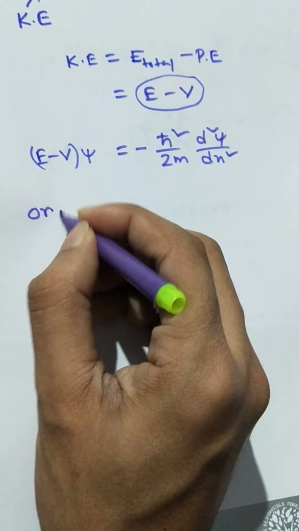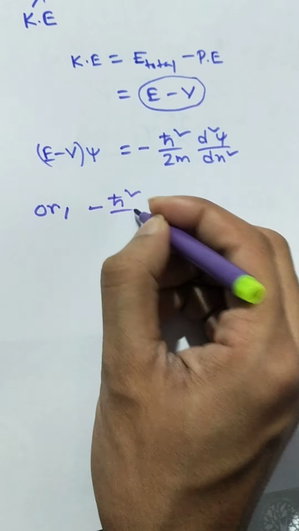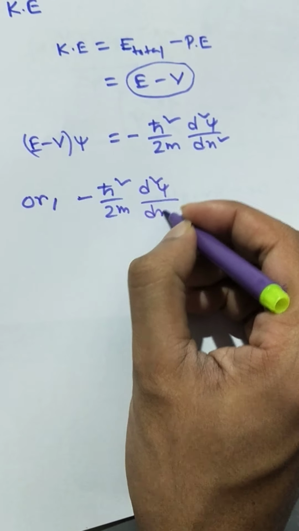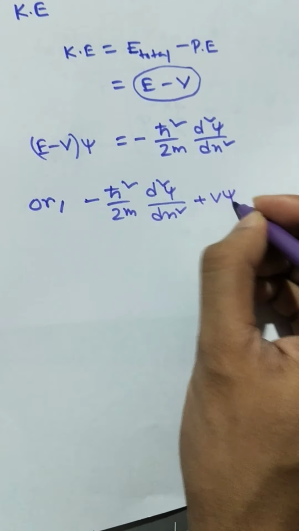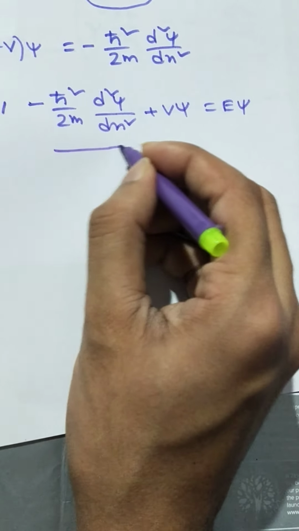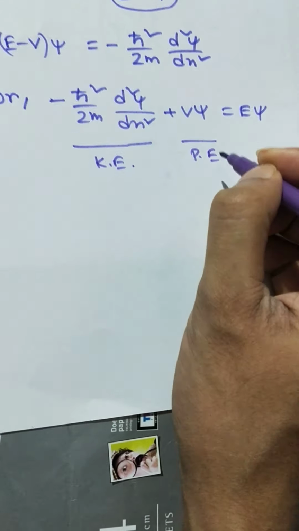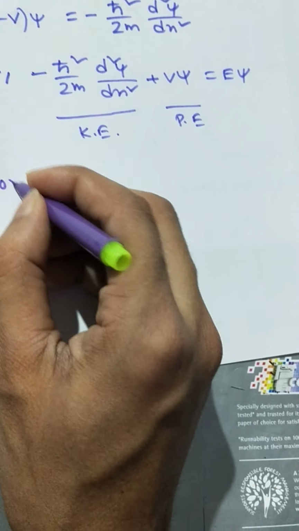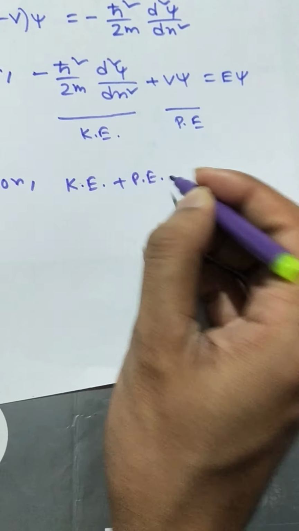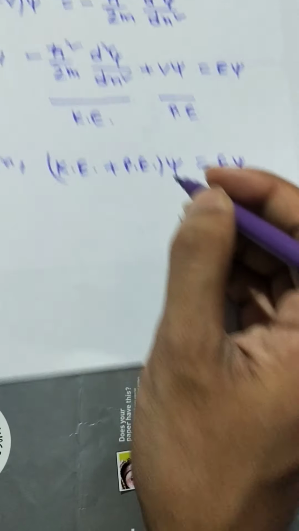Again write this way: minus h cut square by 2m d2 psi by dx2 plus V psi equals E psi. This first part is kinetic energy and this is potential energy. So we write kinetic energy plus potential energy into psi equals E psi.